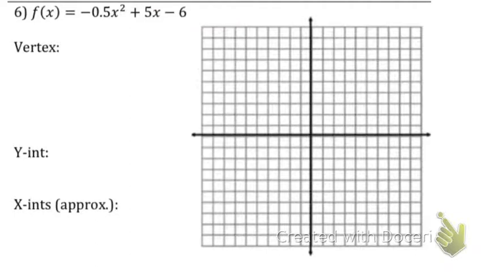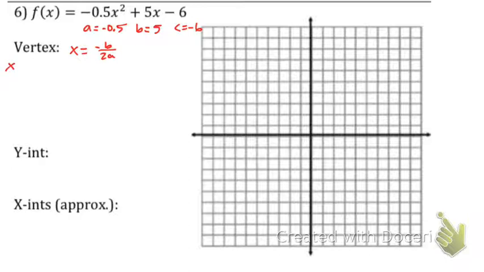Okay, let's do another one a little bit faster. My a value is negative 0.5, my b value is 5, and my c value is -6. I know we're not using the c value yet, but we'll use it later. So x equals negative b over 2a.